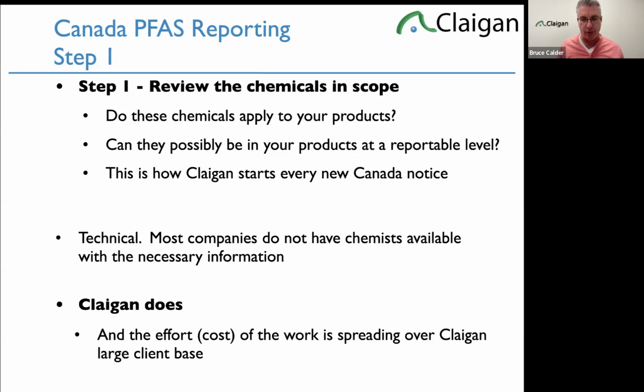The effort or cost of the work is spread over our larger client base, so you get a lot more for a lot less cost. We start with the questionnaire. We do this for everything. The last one came down to a variety of questions about what you have that's UV stabilized or outdoor rated, and whether you use any vegetable oil, because the main chemical to report was hexadecanoic acid, which is a byproduct of vegetable oil, palm oil and all the oils.